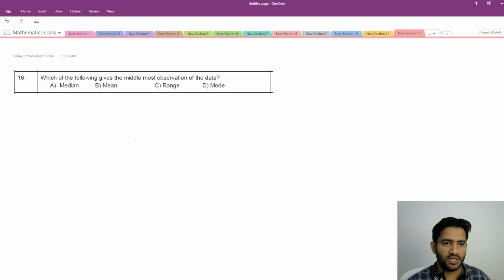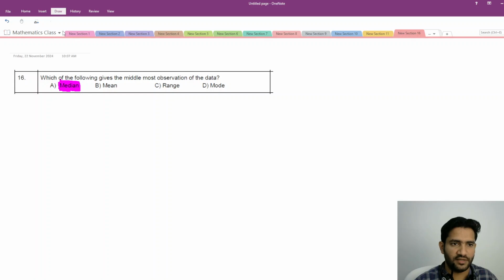Then the 16th one. Which of the following gives the middlemost observation? The question itself is saying that the answer is median. How can we find the median of some data? First of all, we write the data in ascending or descending order.